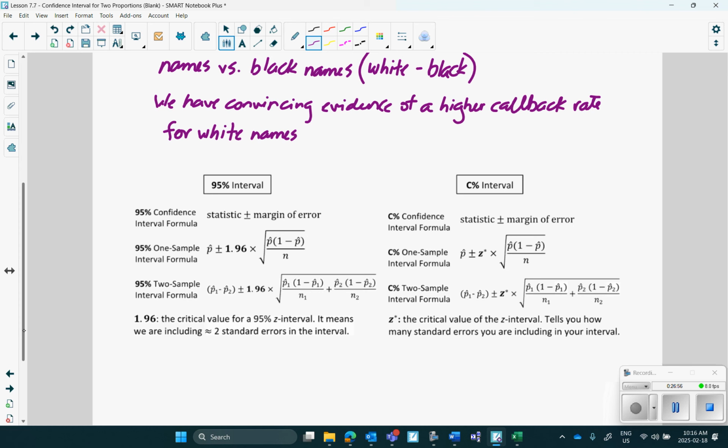And if it was 80%, it's going to be a smaller number. If it was 99%, it's going to be a larger number and the interval is going to be wider. 80%, the interval is going to be narrower. So for a two sample, instead of just doing p hat, we have to do p hat 1 minus p hat 2. And instead of just doing this, we have to take this of each one and add them together before square root.